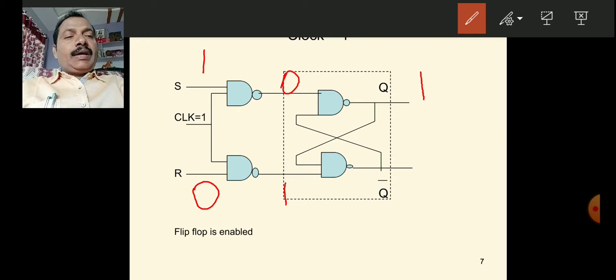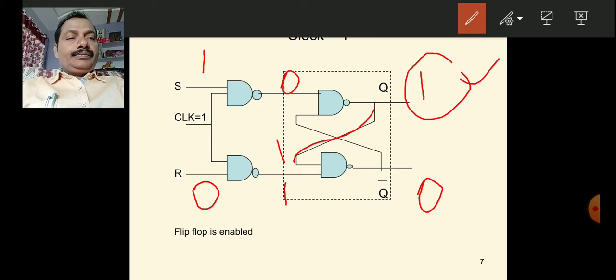Here this 1 is fed back here, 1 1 1, output is 0. That means whenever S equals 1 and R equals 0, the flip flop is set to 1. That means whenever you want to store a 1 bit information 1 into the SR flip flop, you have to make the inputs S equals 1 and R equals 0 and make the clock equal to 1. Then that 1 will be stored in the SR flip flop.